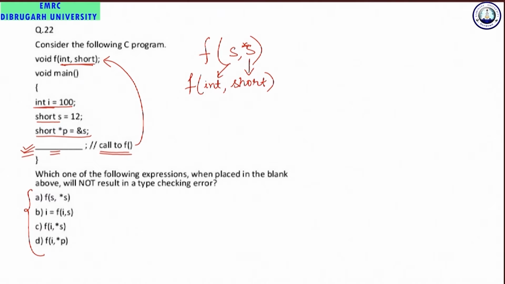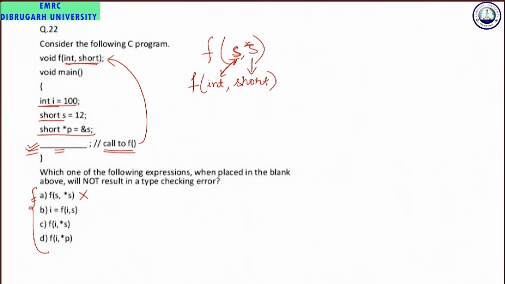Now when we check these two, in A we can see that this needs to be an integer, but this s is declared as short within this main function. So this is not the result, this is not applicable.